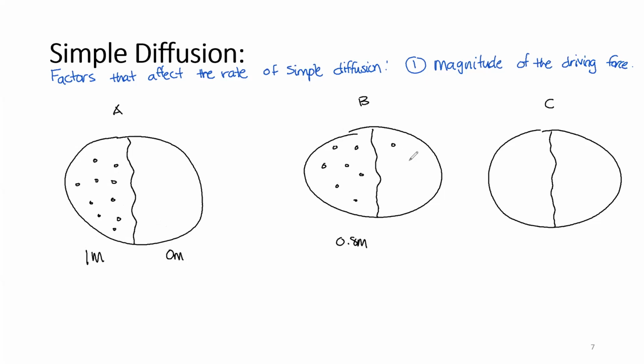And on the second side, we have slightly less, about 0.5. Okay. And then in the third container, we actually have an equal distribution of the particles. So 0.5 on one side and 0.5 on the other.